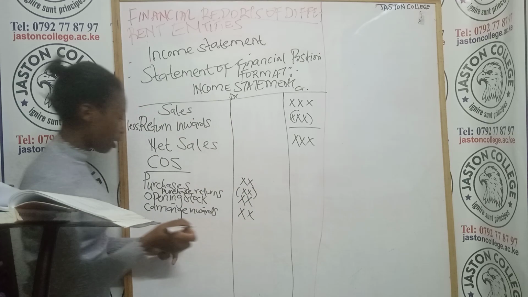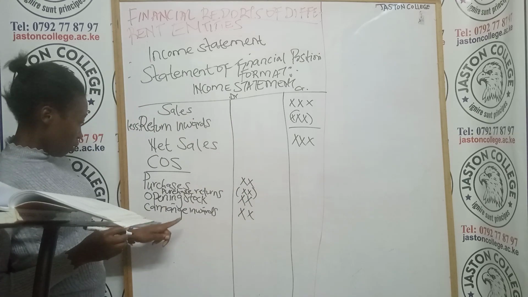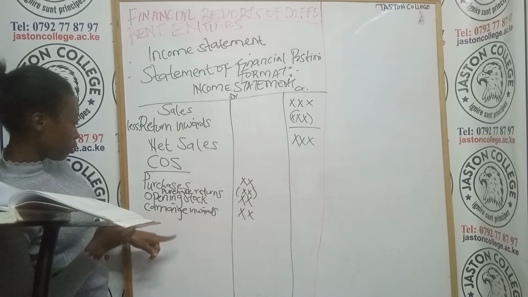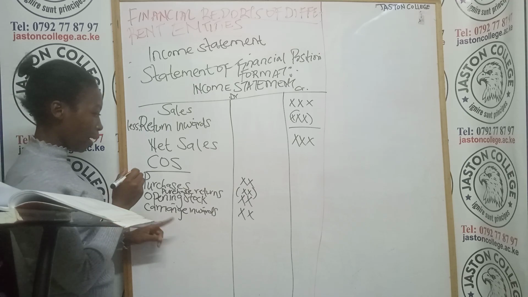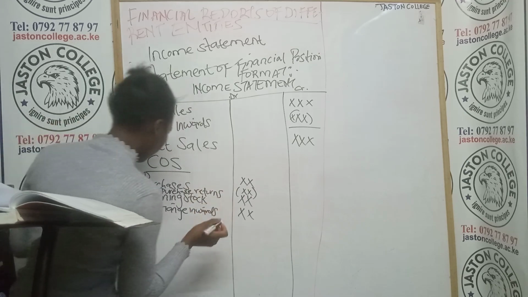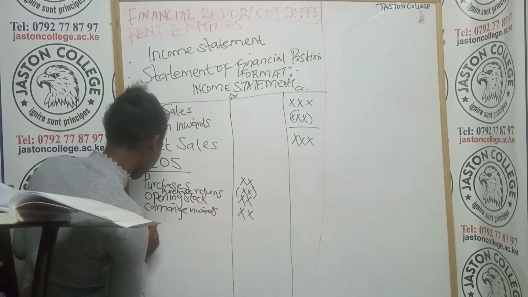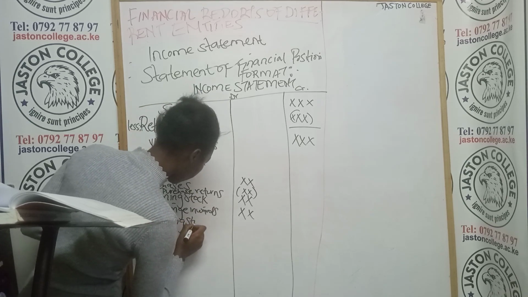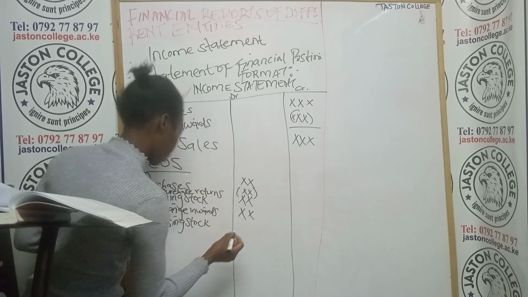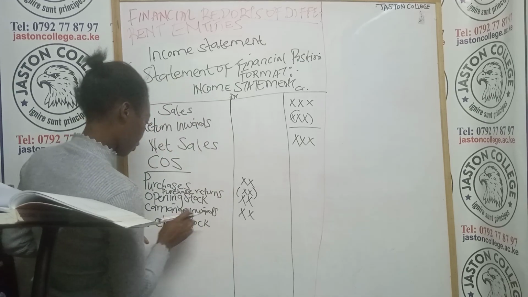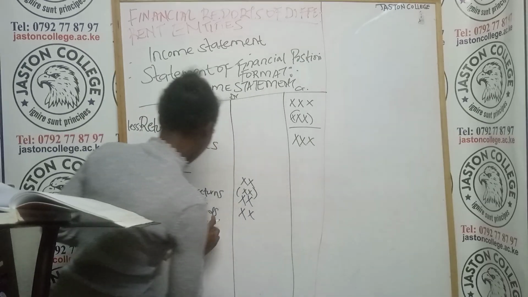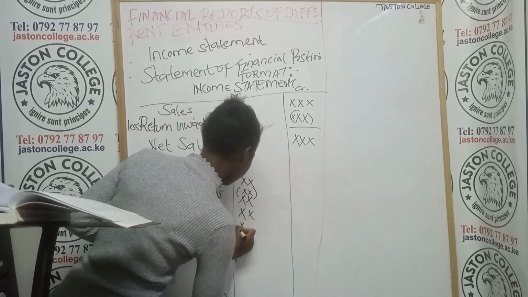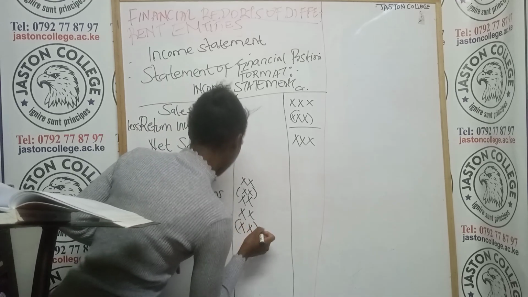Then we will include our closing stock. We will less our closing stock. Our closing stock over here, we less.